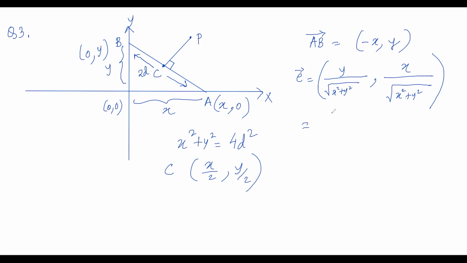And we know that x squared plus y squared is 4d squared, so if you take it out from the root portion, you get 1 over 2d times y comma x.